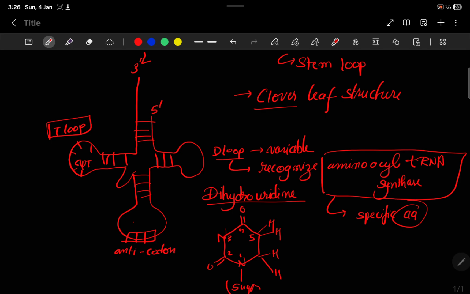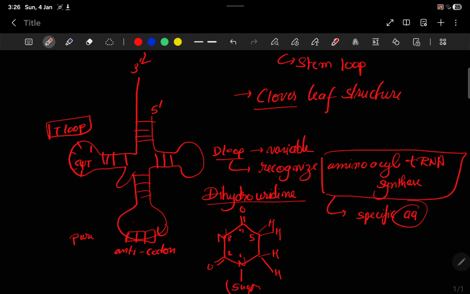This codon consists of 3 nucleotides, as we all know. And this is a bracket. Bracket means there's one nucleotide here, and it is very specific. It will always remain the same. At the 5' end, you will see that we have uridine. And at the 3' end, we will find any type of purine.